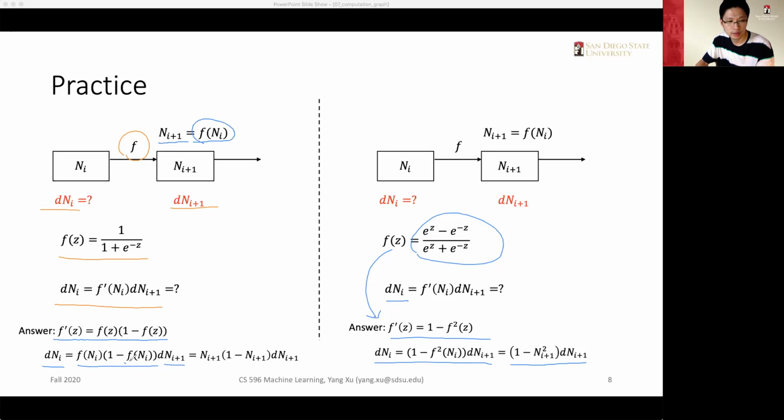So here the f of n_i is replaced by n_{i+1}, and the f of n_i is also replaced by n_{i+1} here. That's how we do the backward computation from the derivative of the future node to the derivative of the past node.